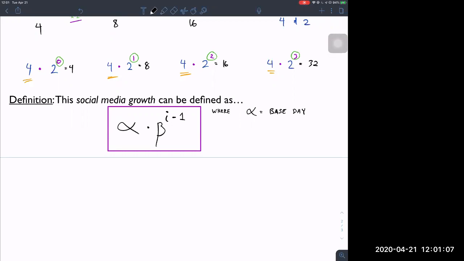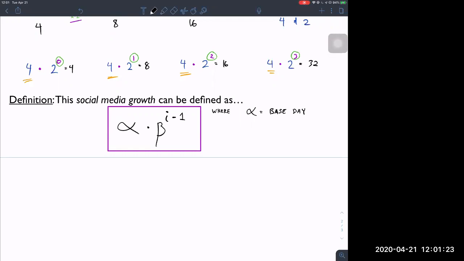So alpha in this case would be 4. Why 4? It's how much our post reaches. How do we know it was 4? If you read the question, it says for the first day, and I wrote in italics, it reaches 4 people.